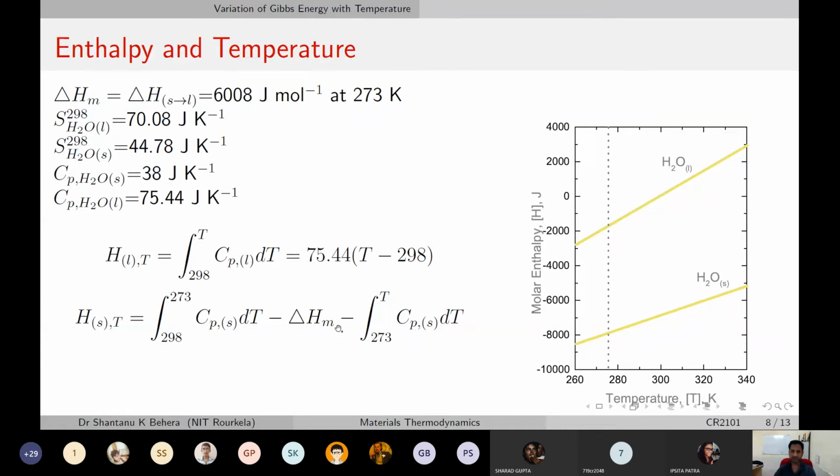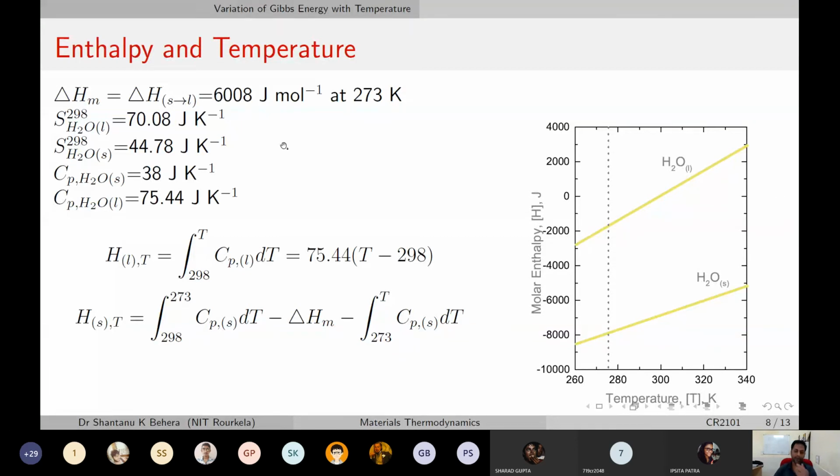It's got to be plus here, because here you are coming and then adding on to it. The signs will take care of themselves as long as you keep the limits constant. The point I want to make is that to calculate the enthalpy of solid water at this temperature, you take the reference from here and then add, and add, and add. So this is how you would calculate these numbers.